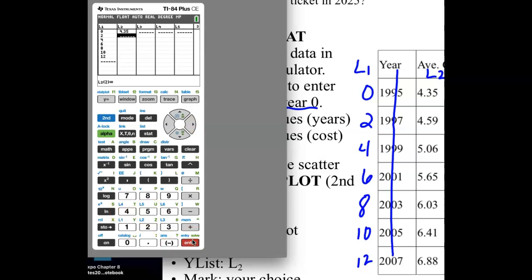So you type the number, hit enter, and it'll move you down. 4.59, 5.06, 5.65, 6.03, 6.41, and 6.88.